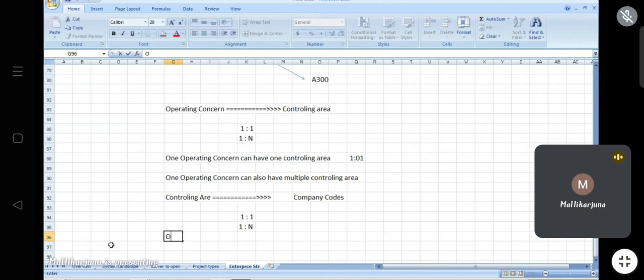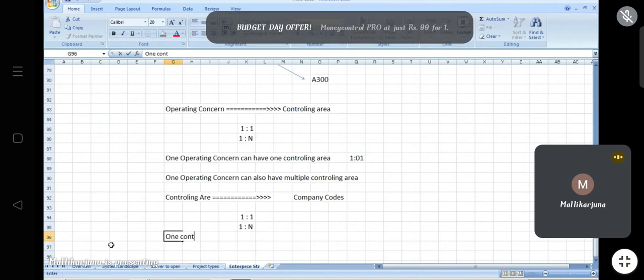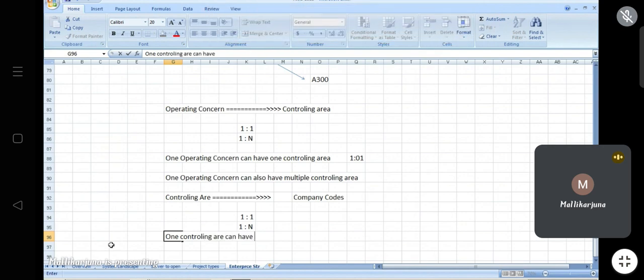That means one controlling area can have one company code, and can also have multiple company codes. Just for the moment, to understand.